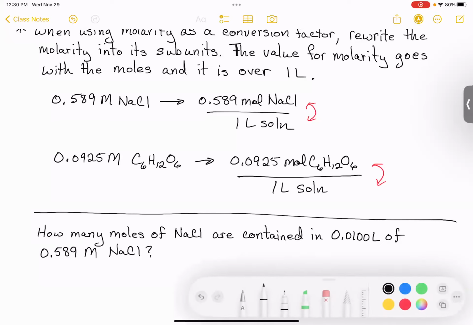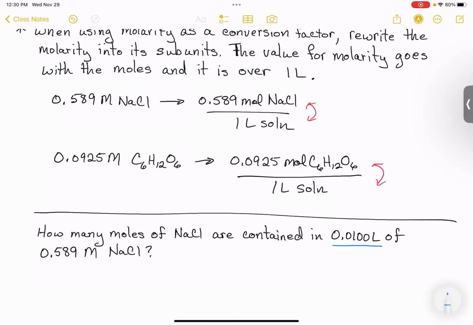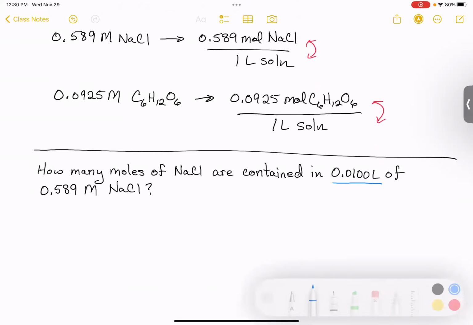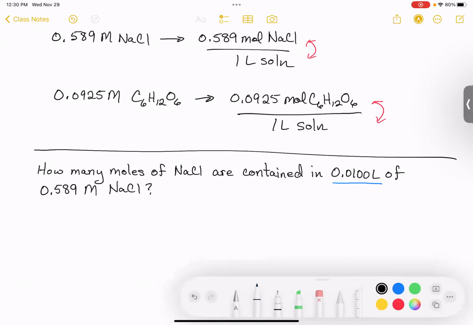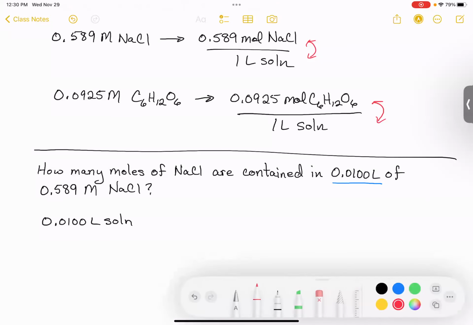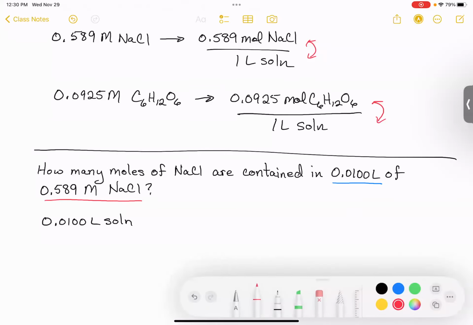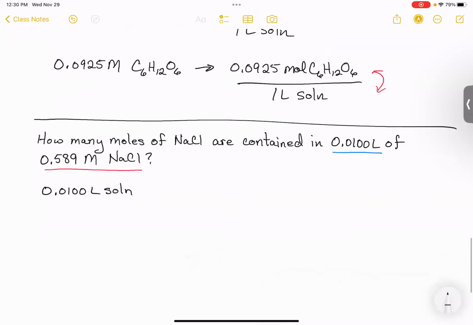First things first, I'm going to identify what I've been given. I have been told I have 0.0100 liters. That means I have 0.0100 liters of solution. And I have been told that I have a solution that is 0.589 molar in concentration.